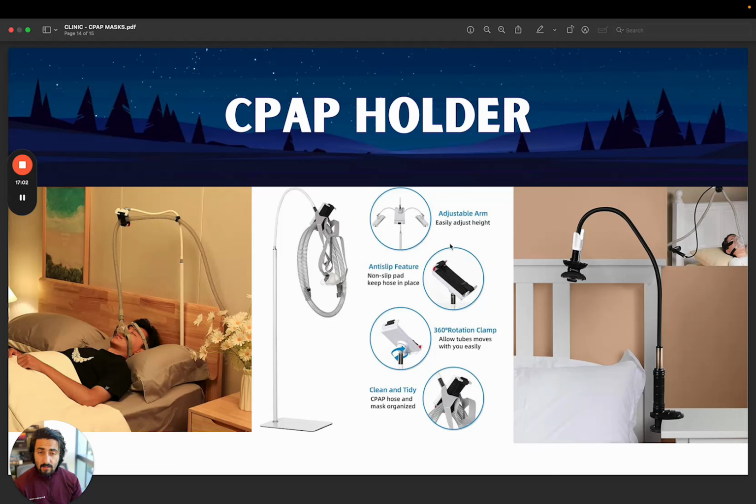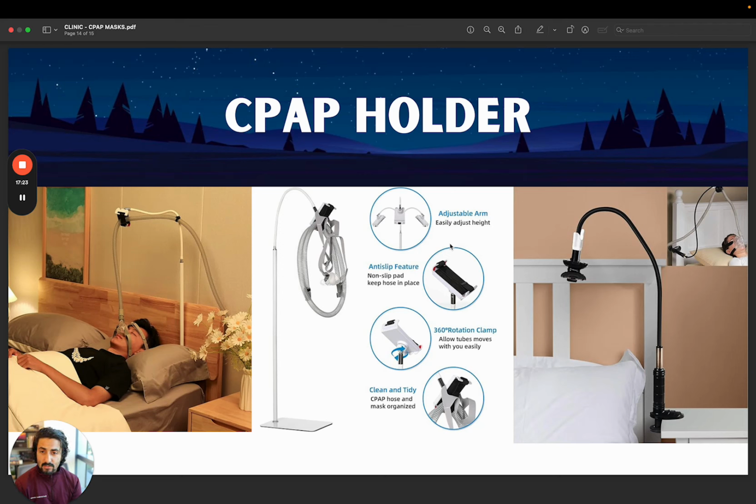The other thing that patients love, if they're running into a problem with this, is using a CPAP hose holder, and this does look like an ugly piece of equipment, but I've seen so many scenarios where this has been a game changer for patients.